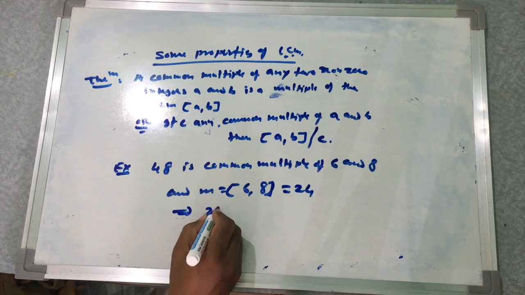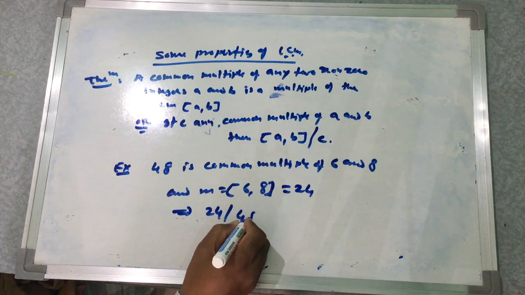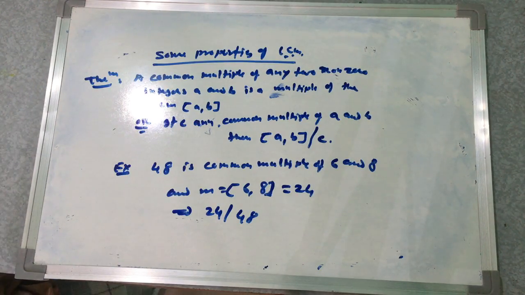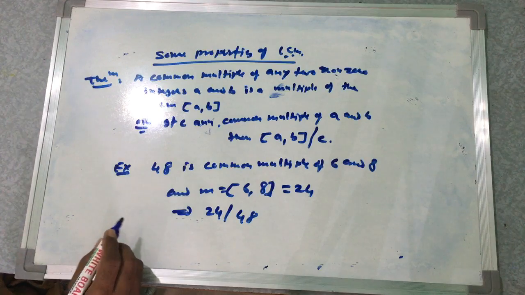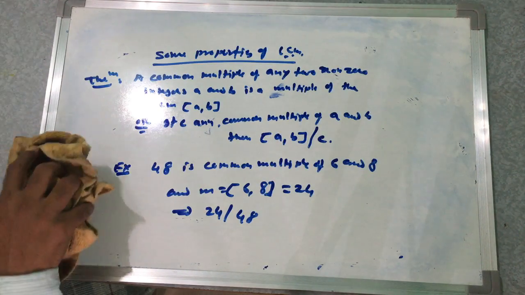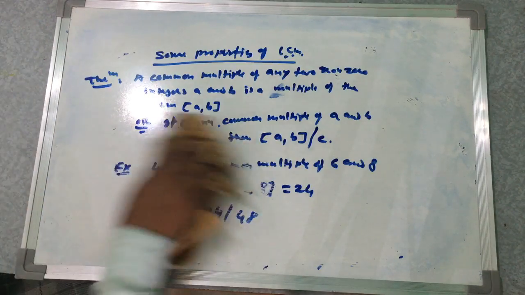That explains 24 divides 48. Okay, so in this manner we have to see the theorem. We look into the theorem and the examples taken.